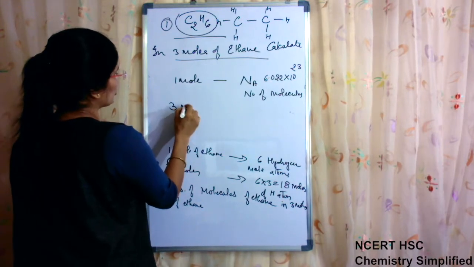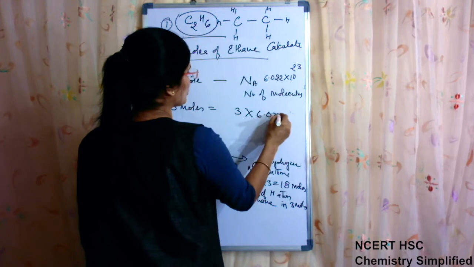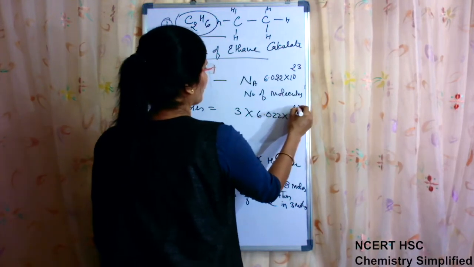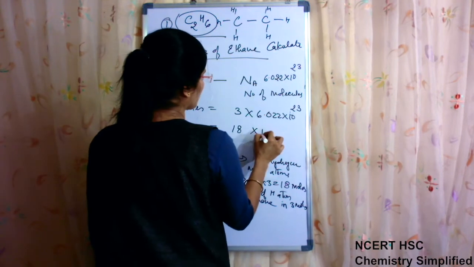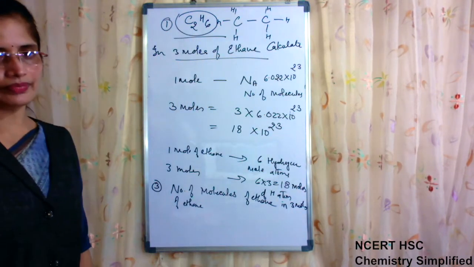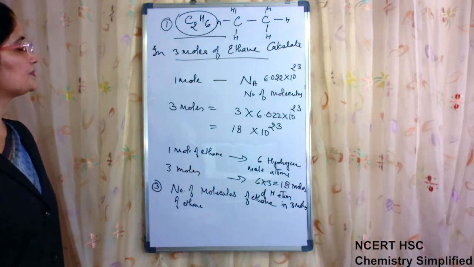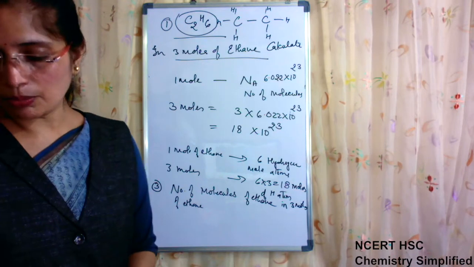They are asking for 3 moles, so it will be 3 multiplied by 6.022 into 10 to the power 23. So that will be 18 into 10 to the power 23. So these are the questions which can be based on mole concept.